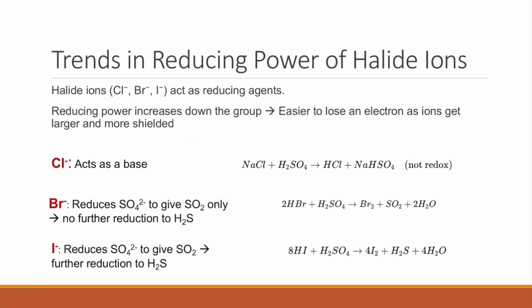Then we need to talk about the trends in reducing power of the halide ions. If the halogens as oxidizing agents have activity that decreases down the group, that means the reducing power of the halides down the group will be the opposite. So it will increase. That means as you go down, the reducing power increases. So when we talk about halides, which are chloride, bromide, and iodide, they can act as reducing agents.